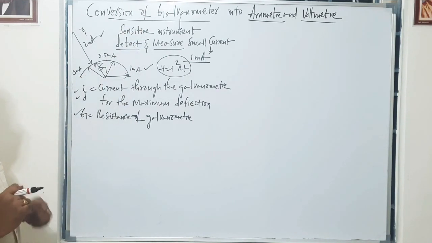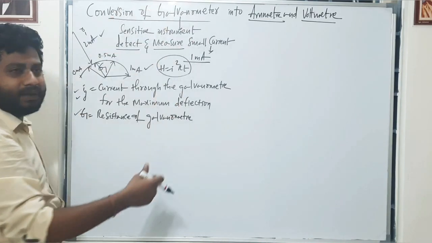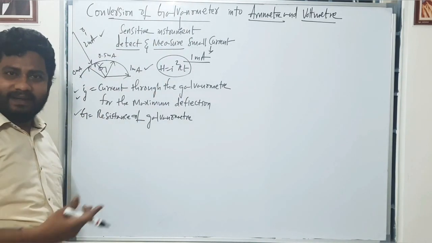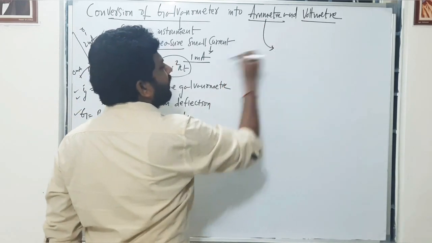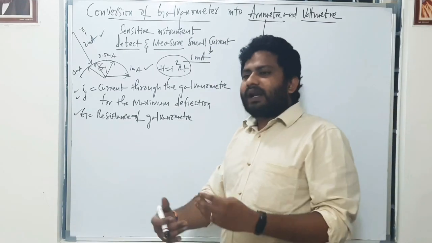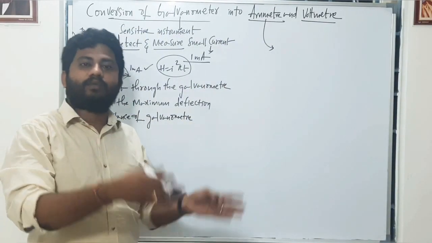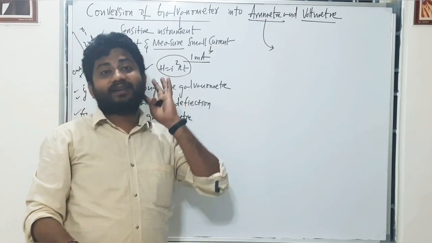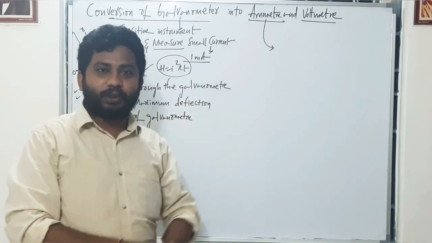Now, how we can convert this galvanometer into an ammeter and into a voltmeter, we will be discussing now. Before that, what is this ammeter? Let's come back to the ammeter concept. From the lower classes onward, you might have been hearing the terms ammeter and voltmeter. Even in current electricity, we have discussed so many times the ammeter and voltmeter.